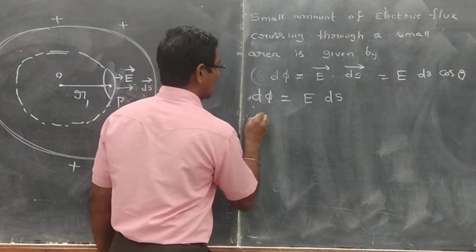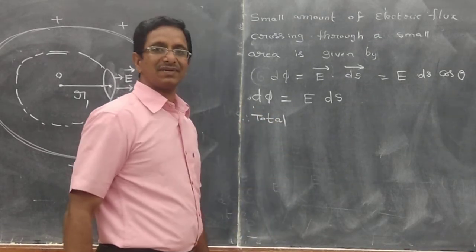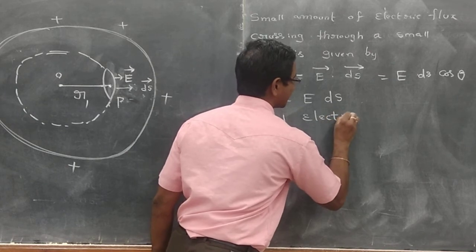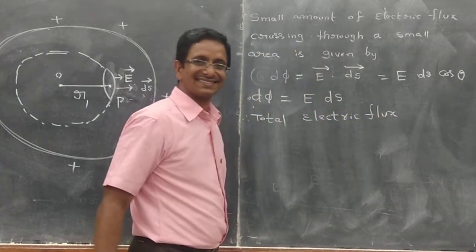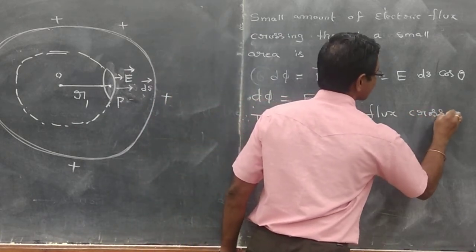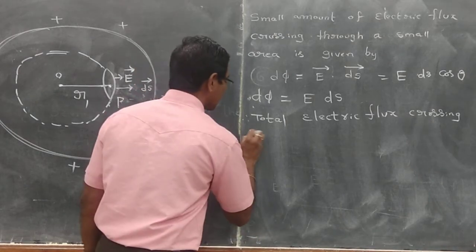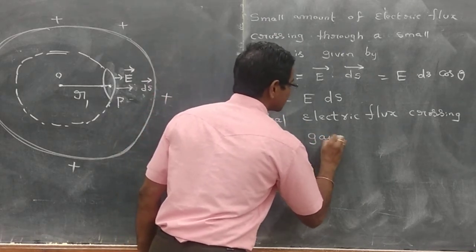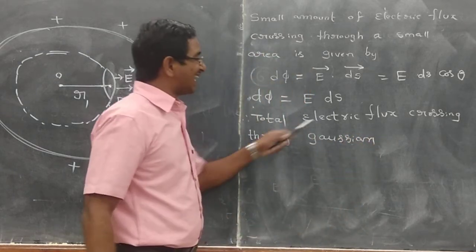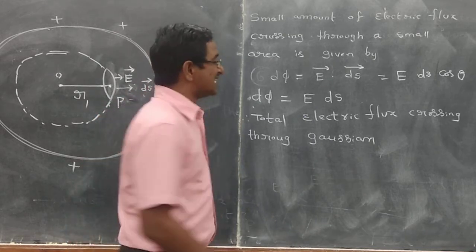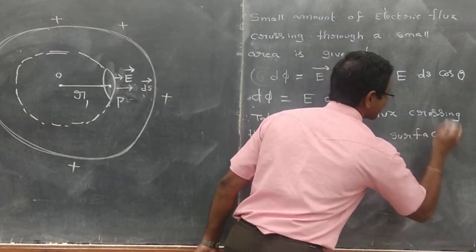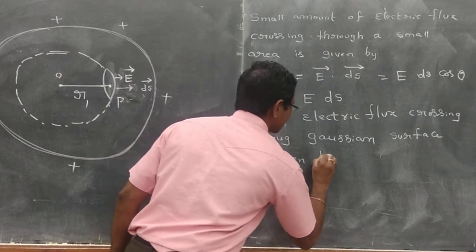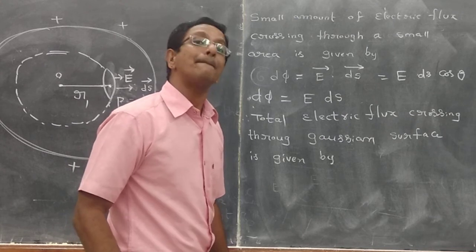Therefore, the total electric flux crossing through the Gaussian surface is given by the total integral, that is phi. So integrate this one.